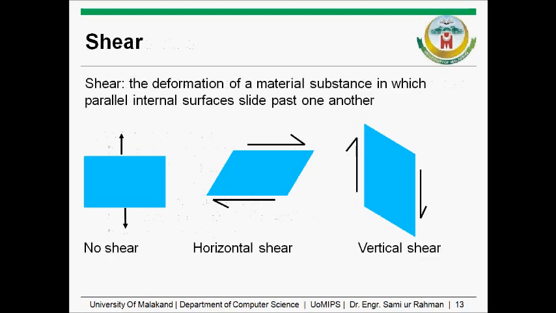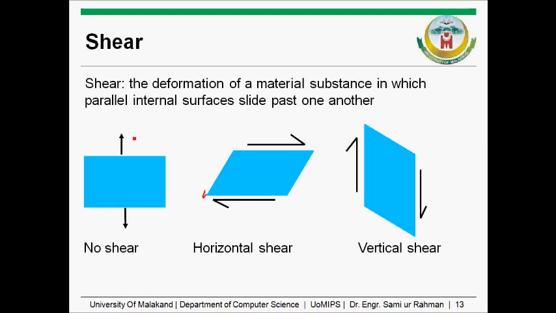The next transformation is called shear. Shear is actually stretching an object either along the x-axis or along the y-axis. But this stretching force shouldn't be vertical to the axis.